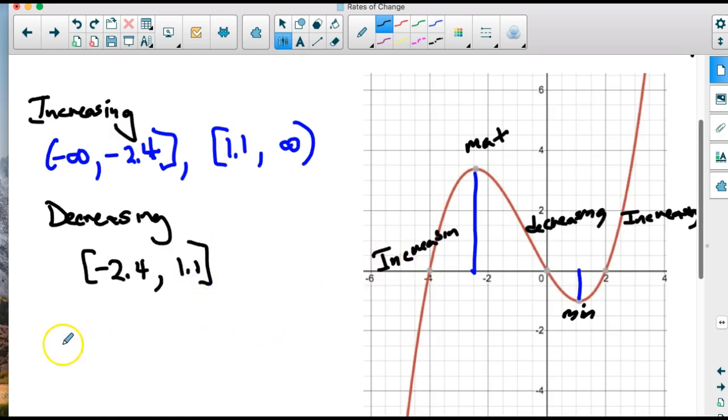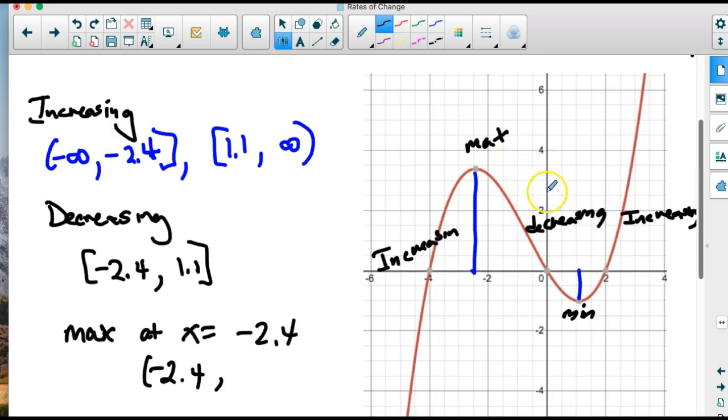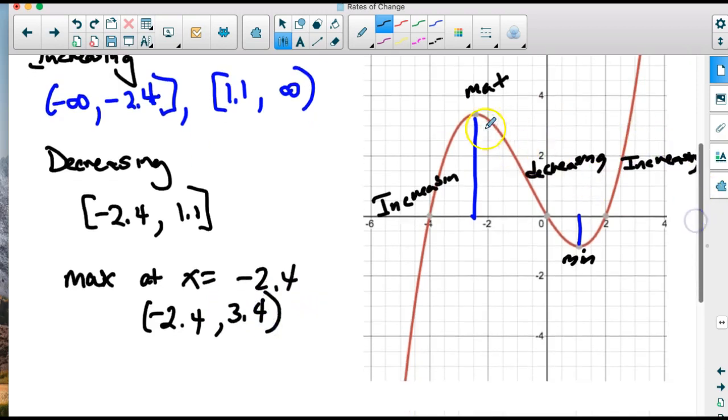Okay, and our max here is at x equals negative 2.4, and our point that's a maximum, let's say, is negative 2.4 comma, guessing this is 3, so that's 3.5, we'll say 3.4. That's the point that's the maximum, because we got to go over here and look at the y value. It's about 3.4 maybe.